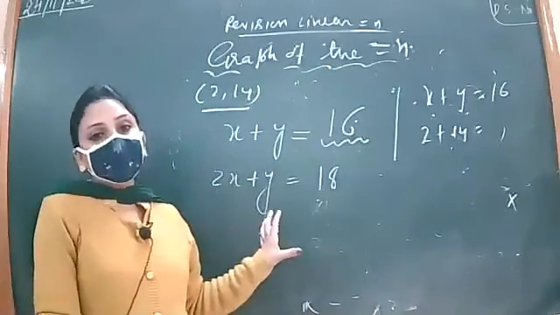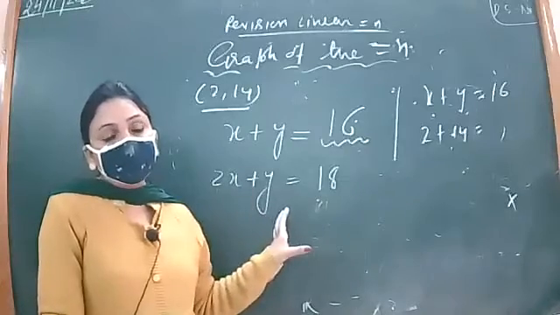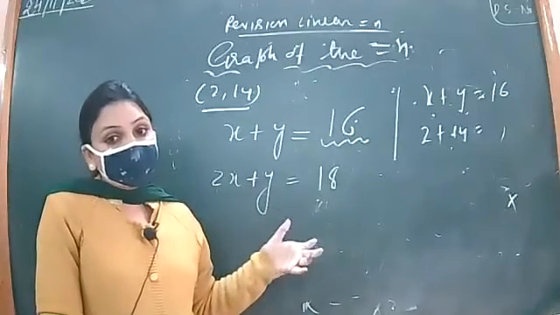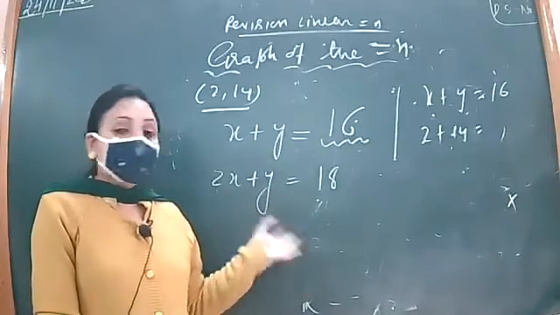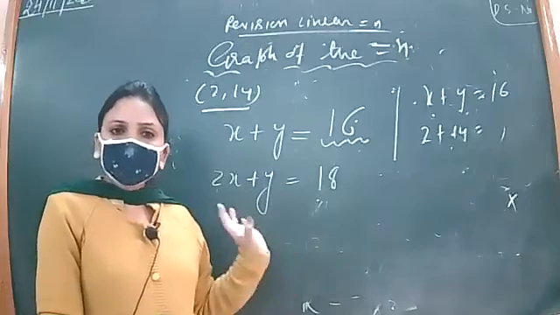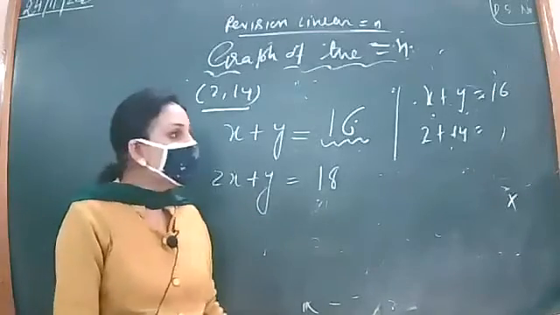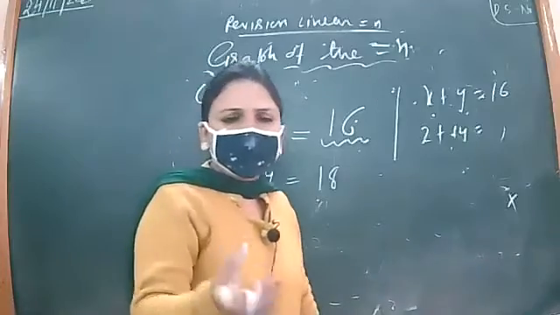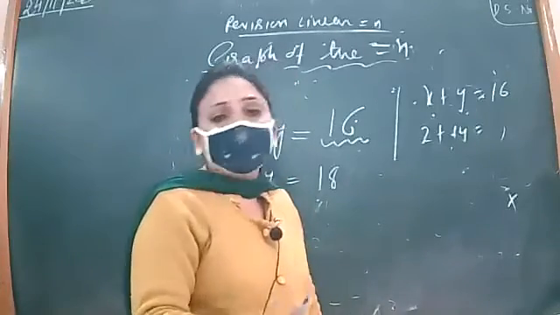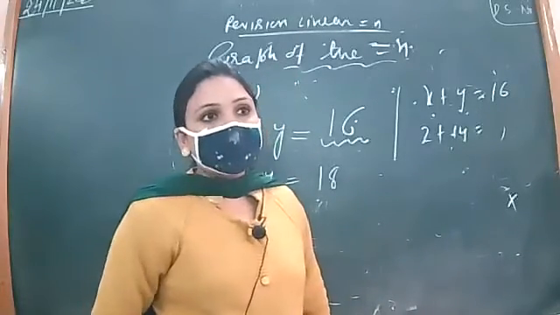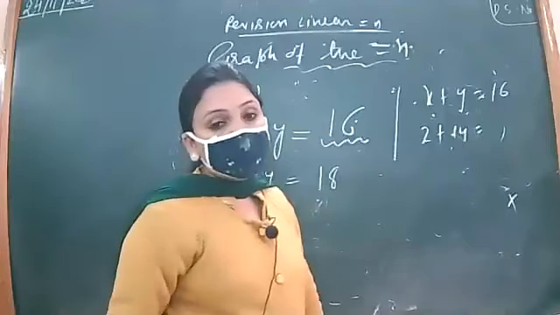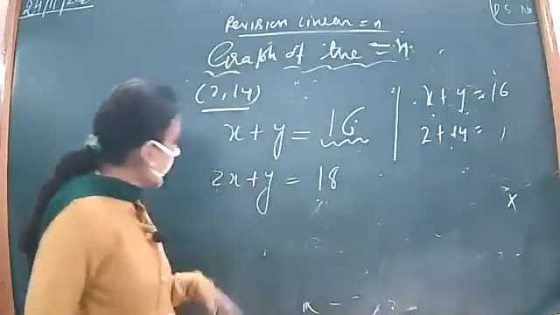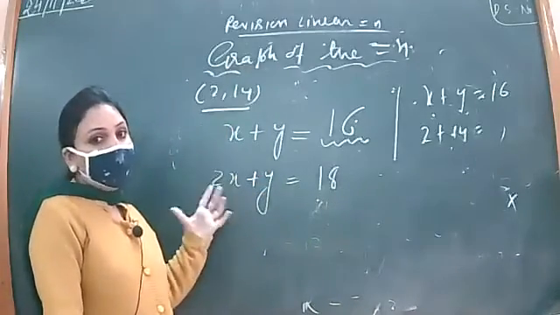As far as the number of lines of such kind through which (2, 14) is passing is concerned, you can say that we have infinitely many such lines through which (2, 14) is passing. We will have very many such lines, countless and uncountable, through which (2, 14) passes. Why so? What is the reason behind it? The reason is you are getting the expression of x and y.